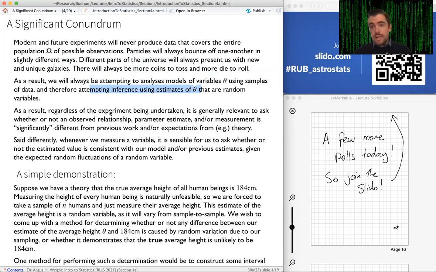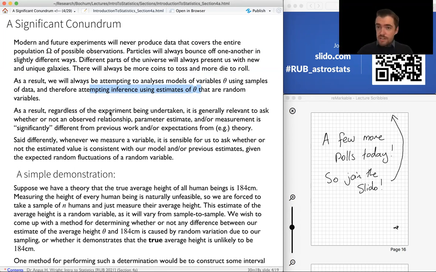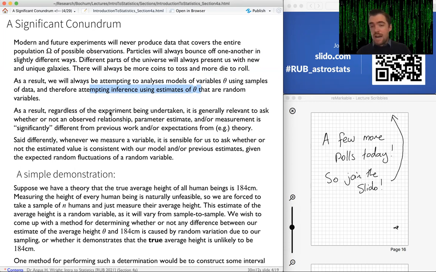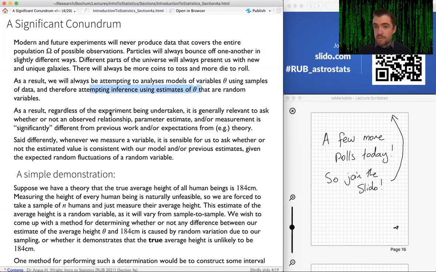And so it's natural to ask the question: how significant is the estimated value of my model, given that I know I'm working with an incomplete set of observations?